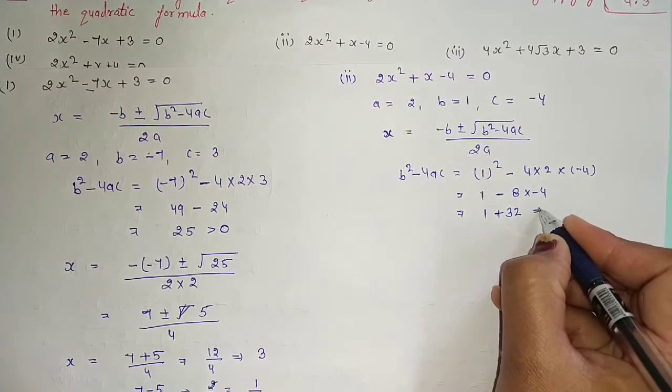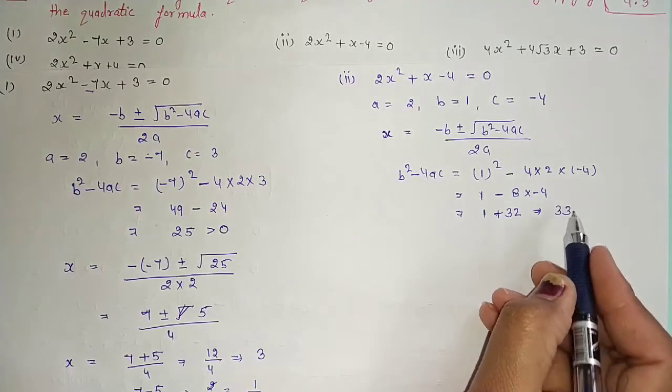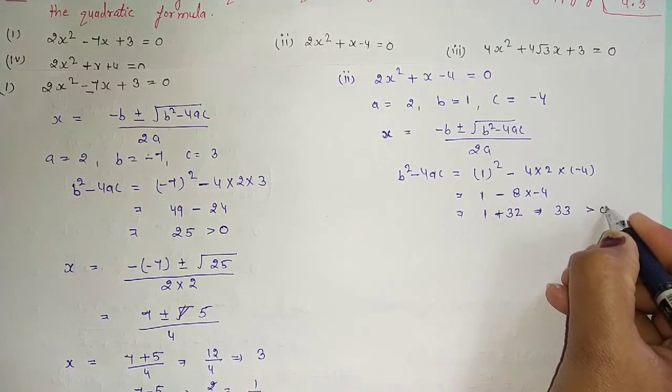And 1 plus 32 is 33. The value of b square minus 4ac is 33, that is greater than 0.